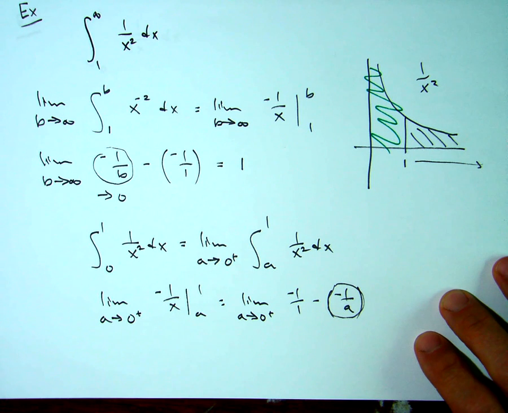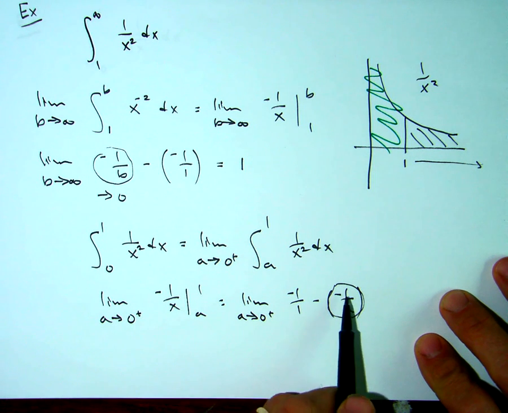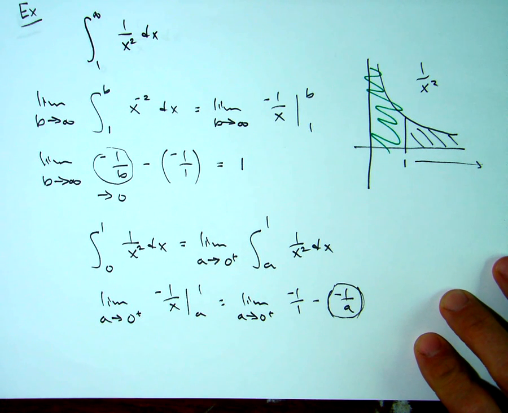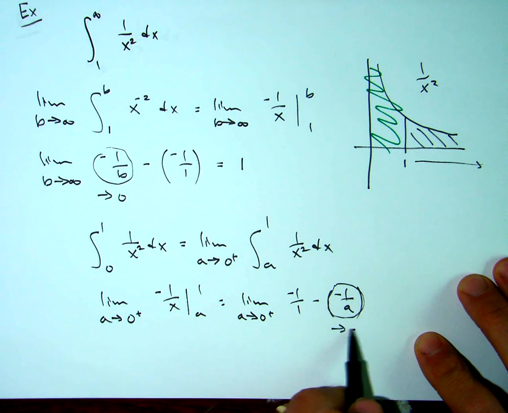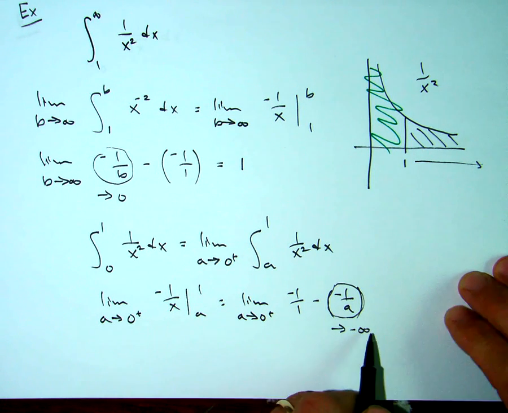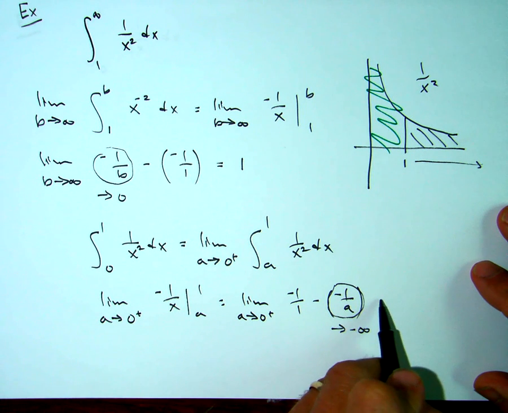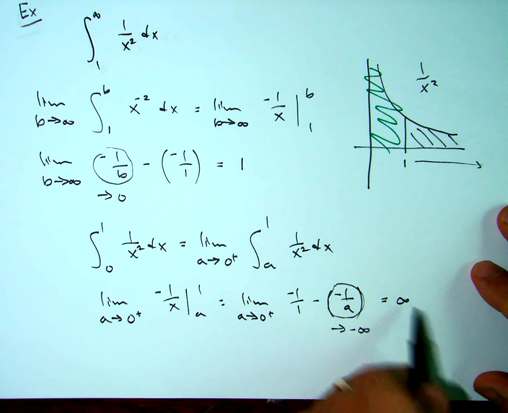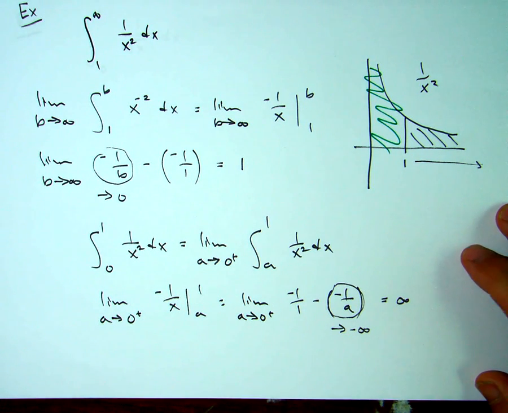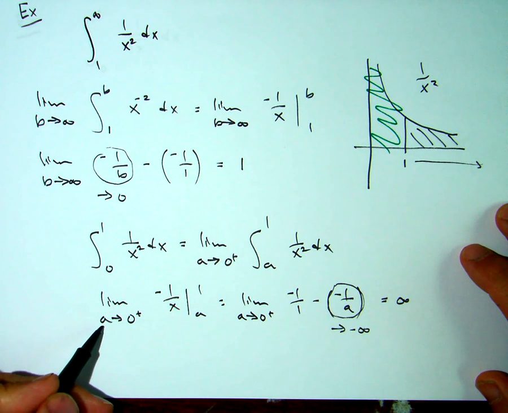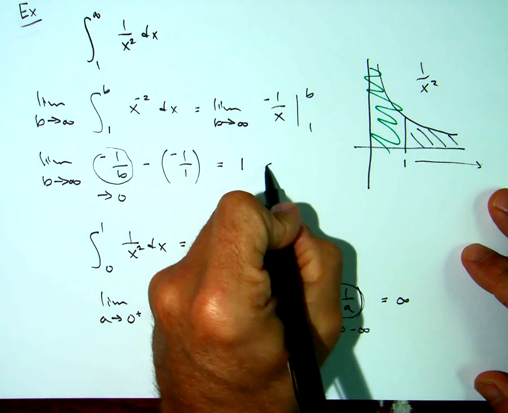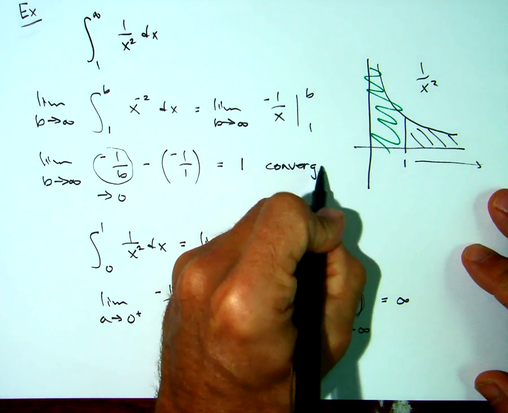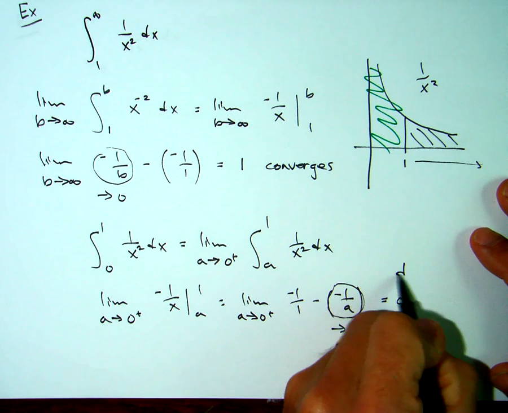If it gets smaller and smaller, and we're dividing negative 1 by smaller and smaller numbers, that's going to go to negative infinity. I'm subtracting negative infinity, so this is going to, when we say equals infinity, what we just mean is that we can make that area as large as we want just by taking values of a closer and closer to 0. So, in this case, it converges because it converges to 1, and in this case, it diverges.